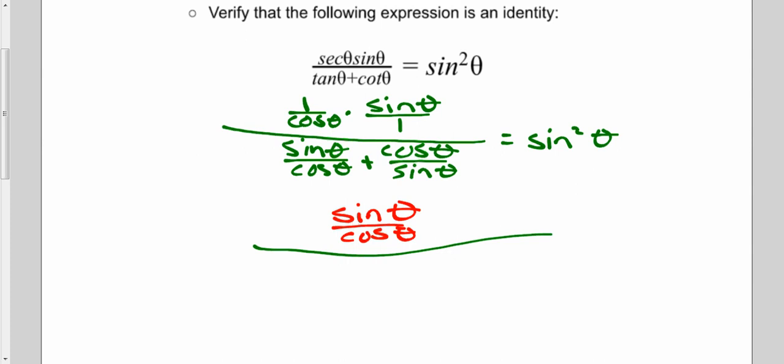Multiply my denominators together. I'm going to do the same thing. I'm going to do cosine theta times sine theta, which means I got to multiply this guy by what? Sine theta over sine theta. And that's what I'm multiplying that by. What do I got to multiply this guy by? Cosine theta over cosine theta, right? And what's that going to get me? It's going to give me a denominator of sine theta cosine theta, right?